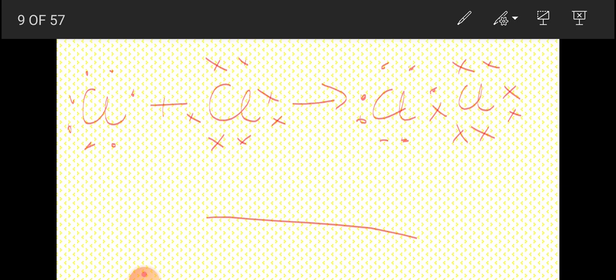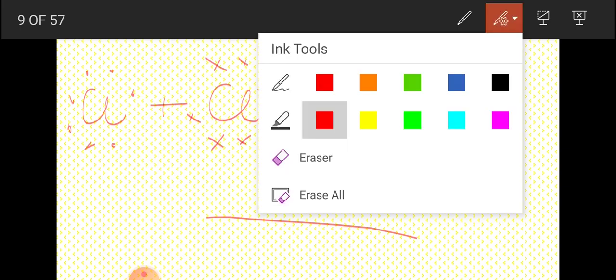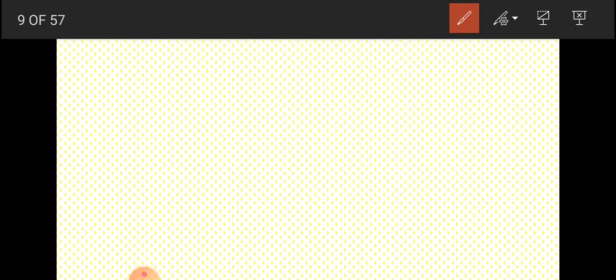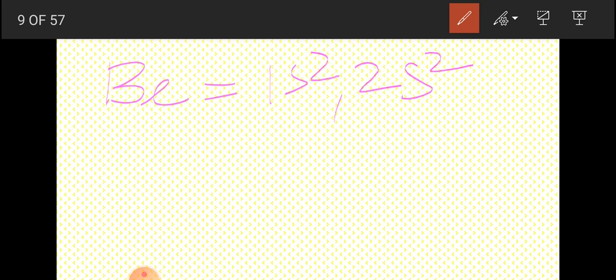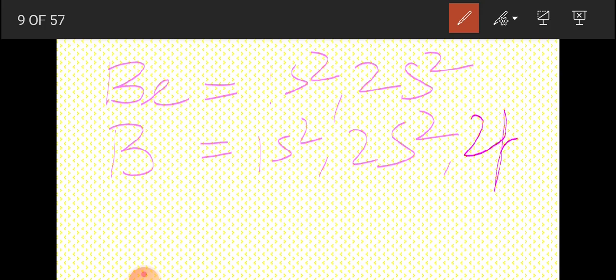Just take an example of beryllium and boron. Electronic configuration of beryllium, atomic number 4: 1s2, 2s2. And for boron, atomic number 5: 1s2, 2s2, 2p1.